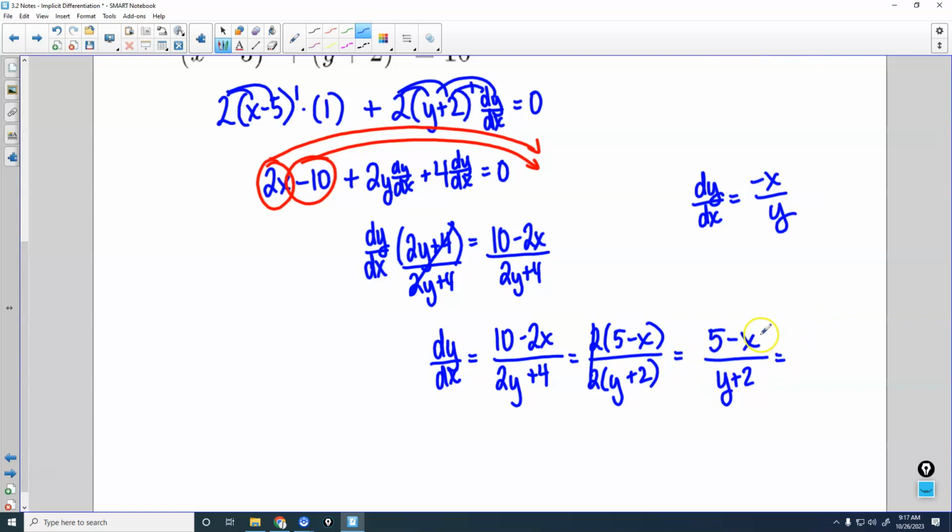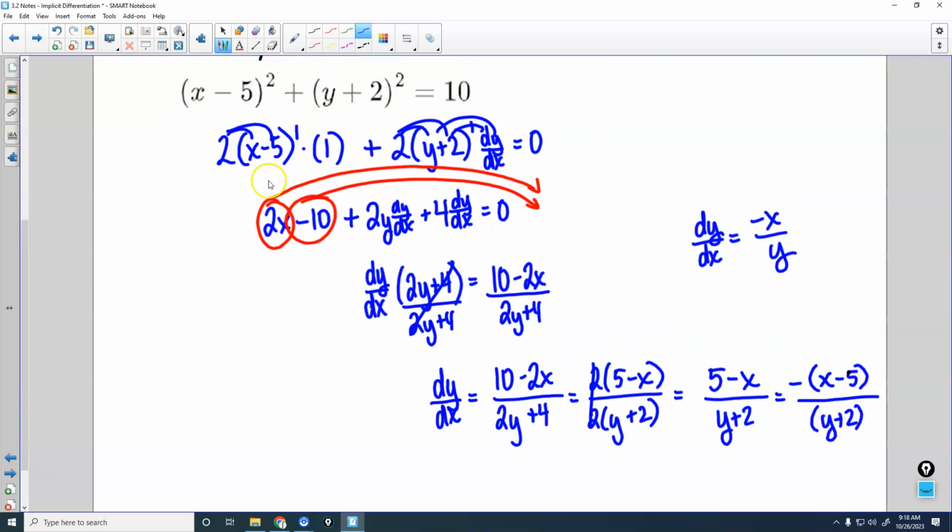If I factor a negative out of this, it's x minus 5, right? Because if I factor a negative out, I'll get a negative 5 and a positive x, so I could write that as x minus 5. And in the bottom, I've got y plus 2.